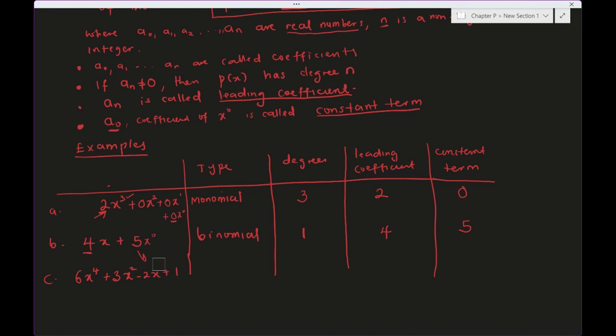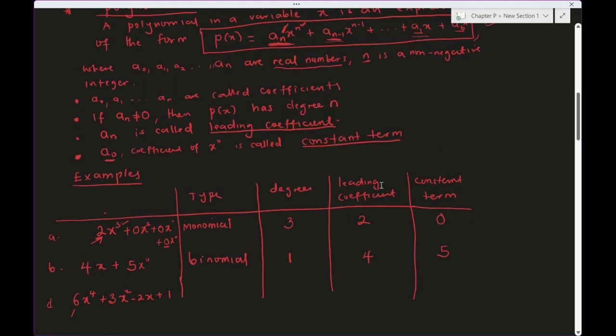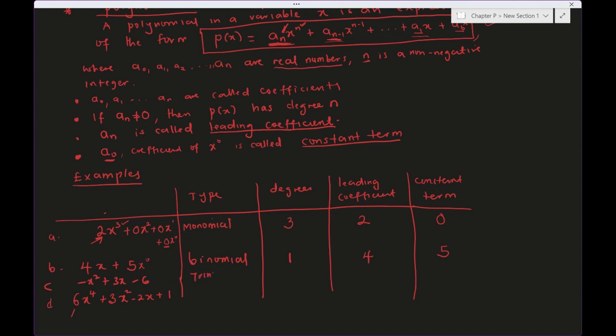Before we take this one, let's take one more here. Let's leave this as D. So let's add a C here, which is minus x squared plus 3x minus 6. Here you see that it has 3 terms, so we can call it trinomial. The degree here is 2. The leading coefficient is minus 1.